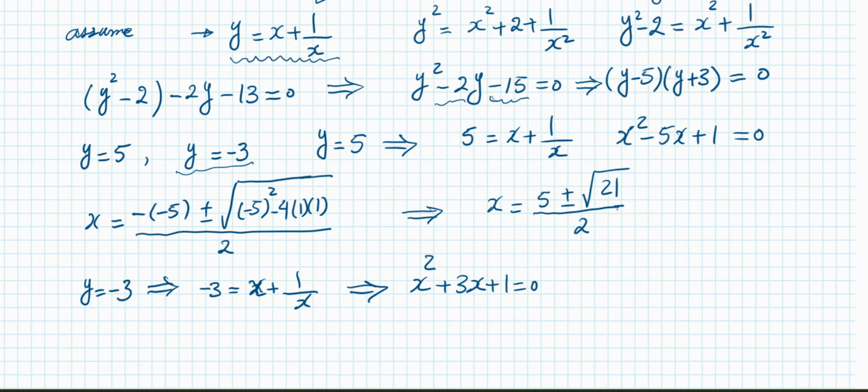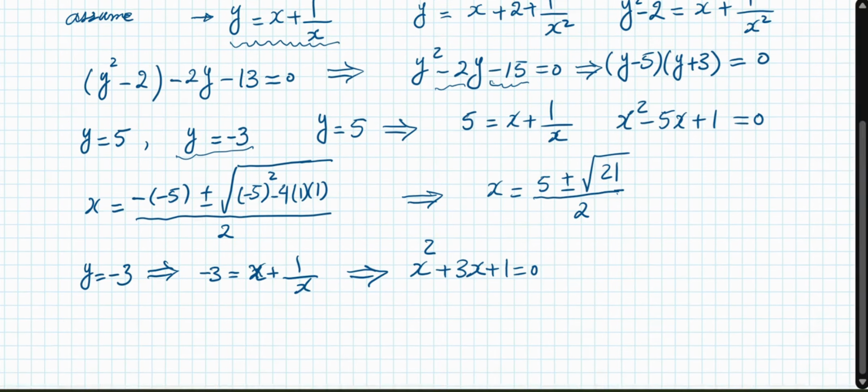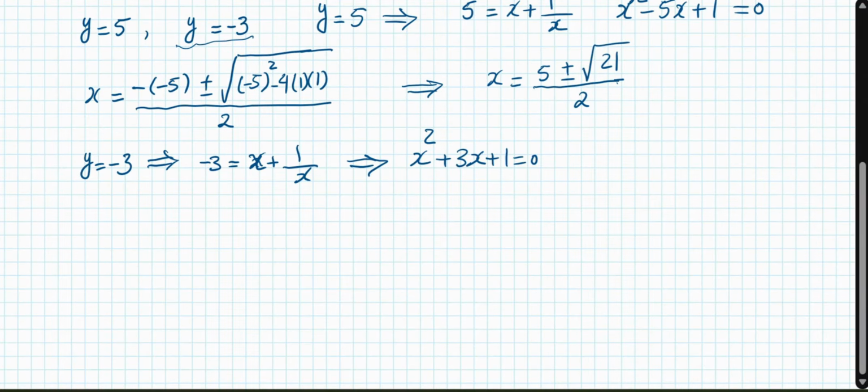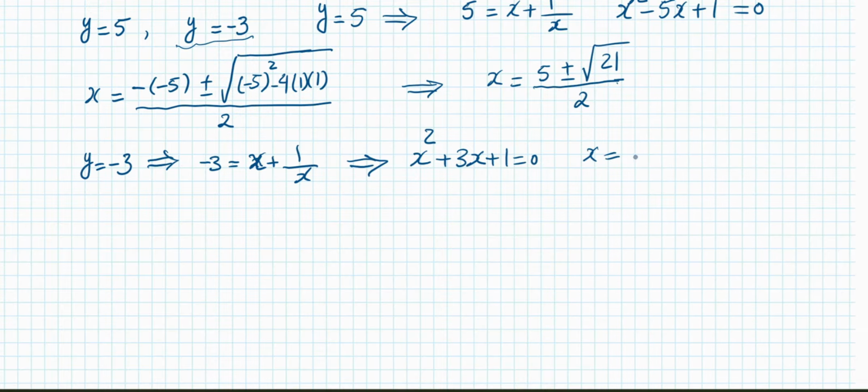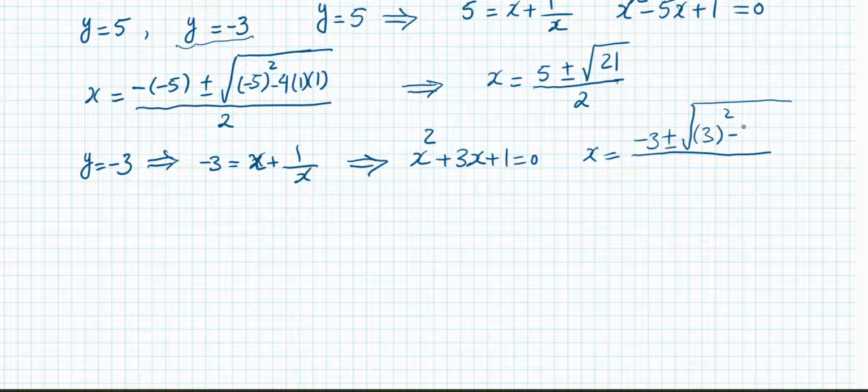And using the quadratic equation, we find that x is equal to minus 3 plus or minus square root of 3 squared minus 4 times 1 times 1, divided by 2.